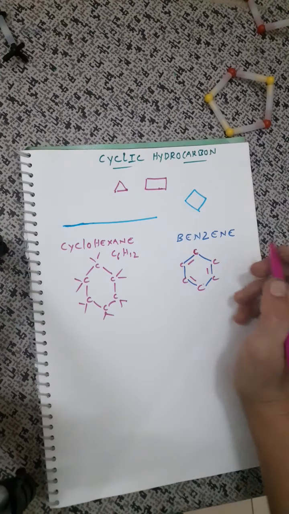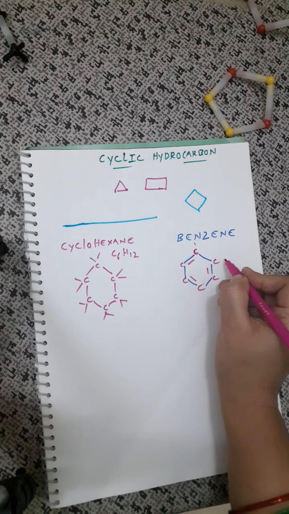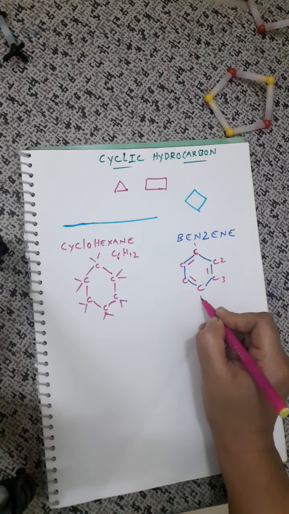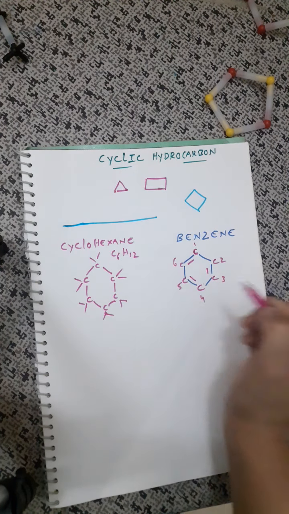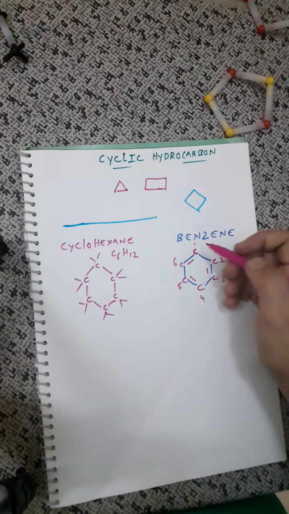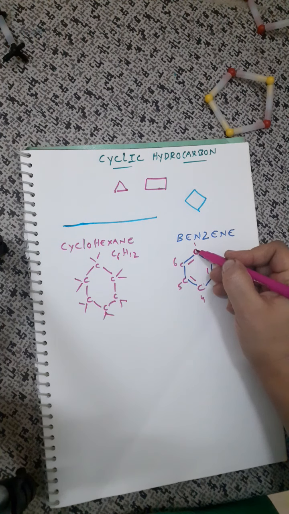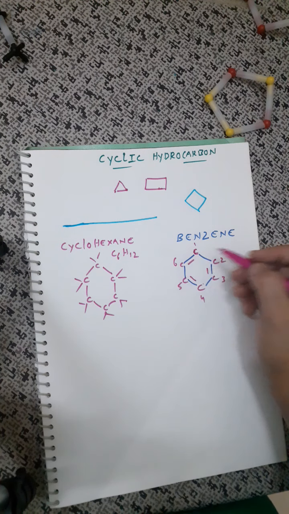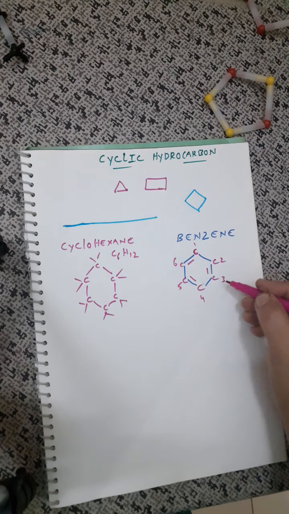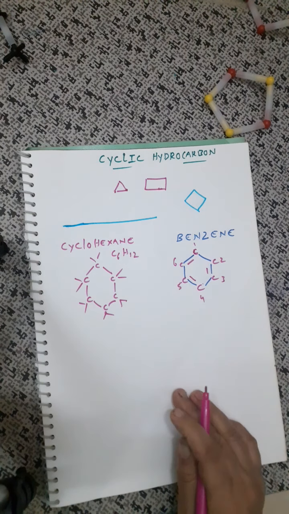Let us assume, if I give a numbering 2, 3, 4, 5, 6. So now the double bond is existing between the first and the sixth carbon. Similarly, between second and third carbon, between fourth and fifth carbon.